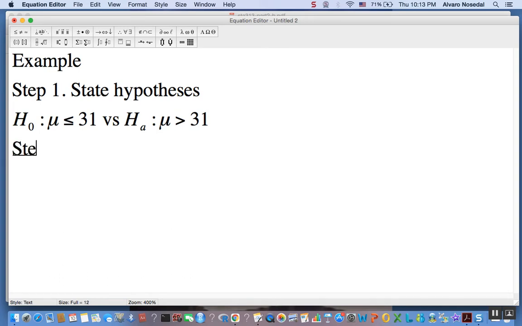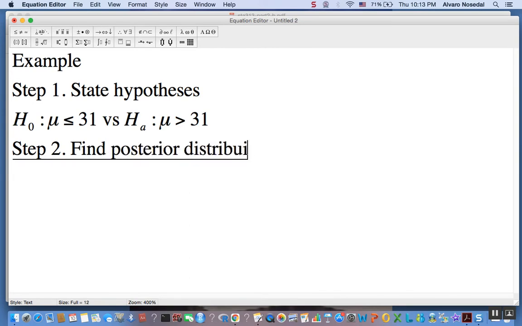Let's remember how we would come up with the posterior. Step 2: find the posterior distribution. When you have a normal likelihood and a normal prior with known variance sigma squared, you first find the posterior precision, and once you have that, you find the posterior mean, using our updating rules.